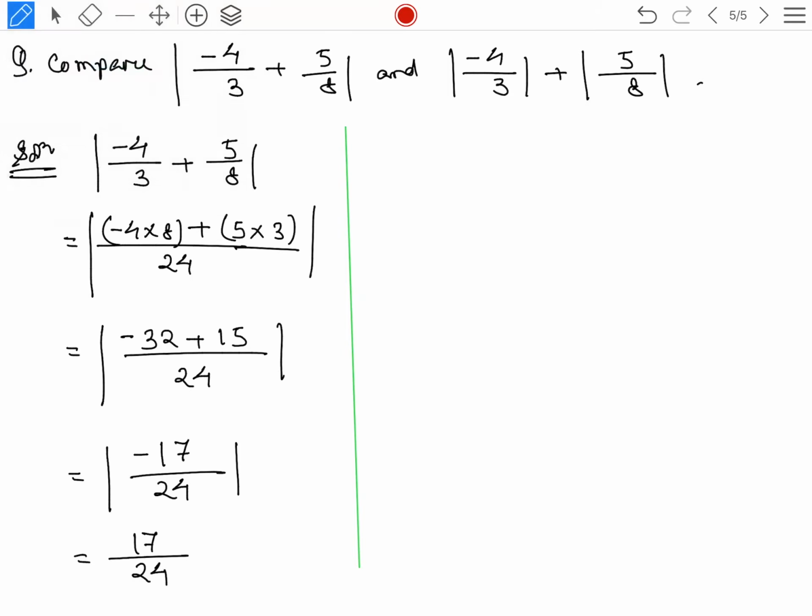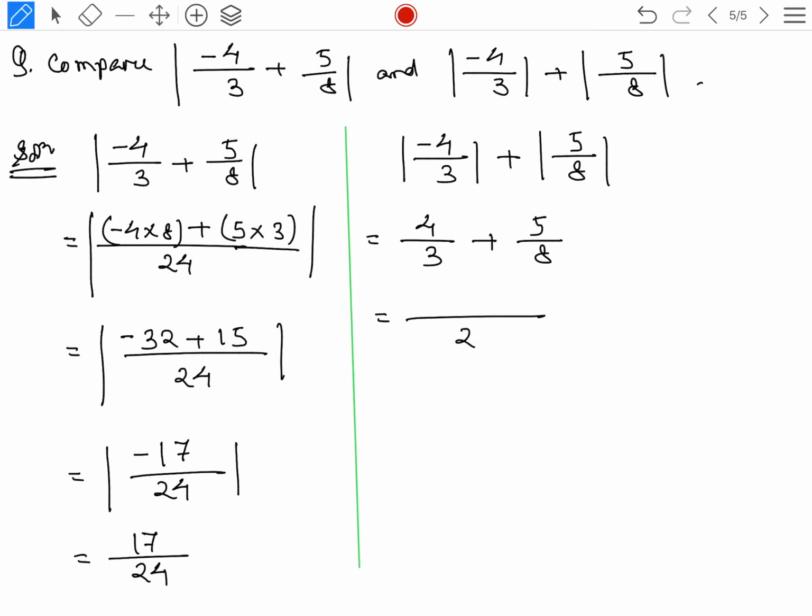First one, how much have we got? 17 by 24. Now look at the next one. It is given absolute value of minus 4 by 3 plus absolute value of 5 by 8. Now absolute value of minus 4 by 3 means 4 by 3, yes or no? And absolute value of 5 by 8 means 5 by 8. Take out the LCM. 8 and 3 LCM is 24.